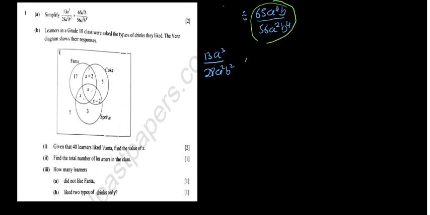Then this one is just going to be multiplication, and that's going to be the reciprocal of that one. That would be 56 a squared b to the fourth divided by 65 a to the fourth times b. Okay, so you observe we can multiply these out.